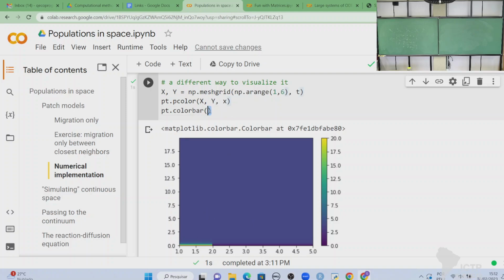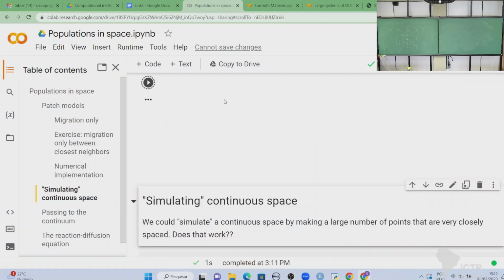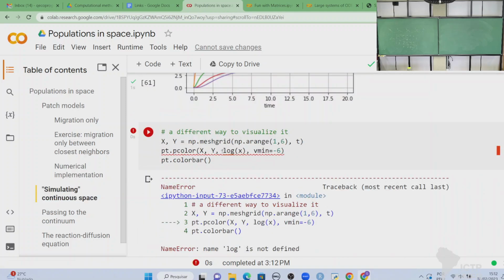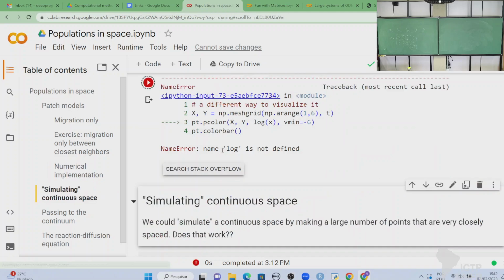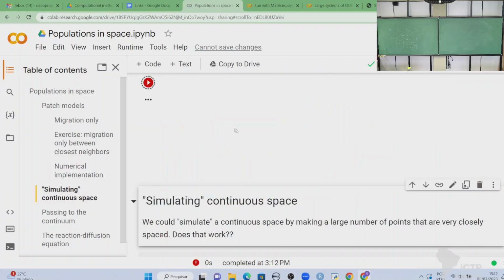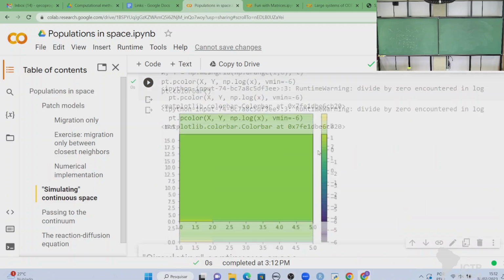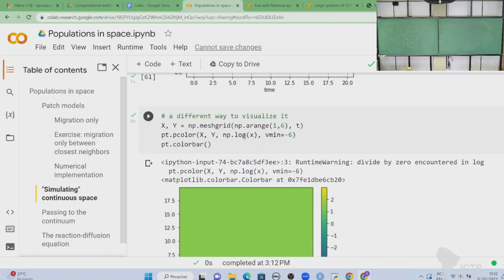So maybe if I do a plot in a log scale, perhaps I'm having more success, right? And I will put vmin. This is just a treat to see if I, oops. Just to see, oh no, it's still bad, yeah.